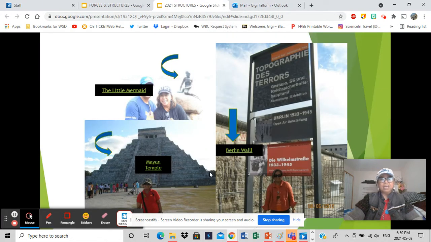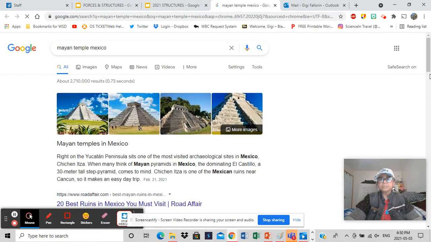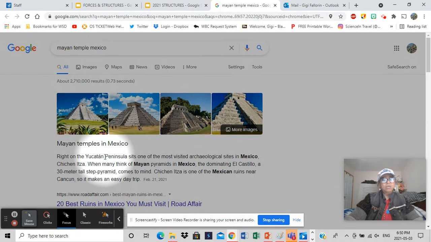Now, another thing would be the Mayan temples in Mexico. There's also a Mayan temple in Peru. I've yet to visit that, but it's kind of the same, right? It says here, in the Yucatan Peninsula, it's one of the most visited archaeological sites in Mexico, Chichen Itza.